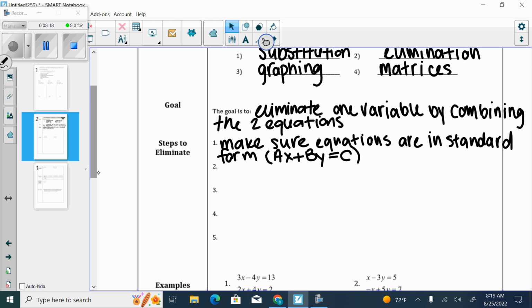Okay, so once you have your equations written that way, or you've got everything lined up, you then are going to manipulate one, maybe both, of your equations so that one variable has the same coefficient.